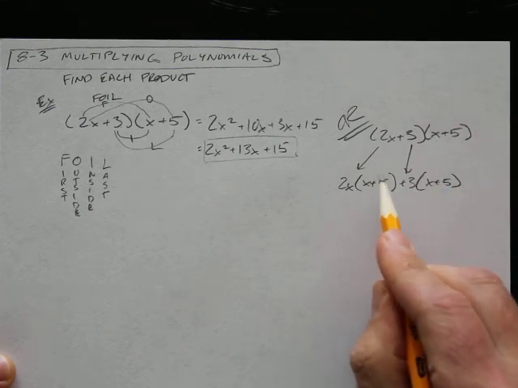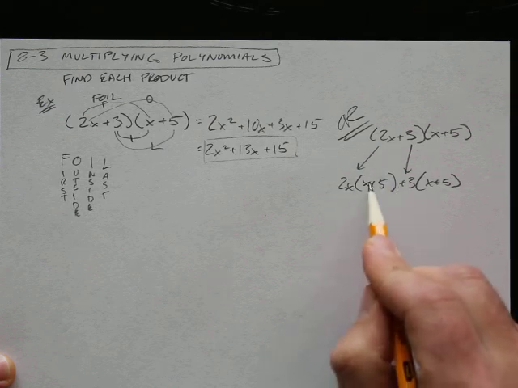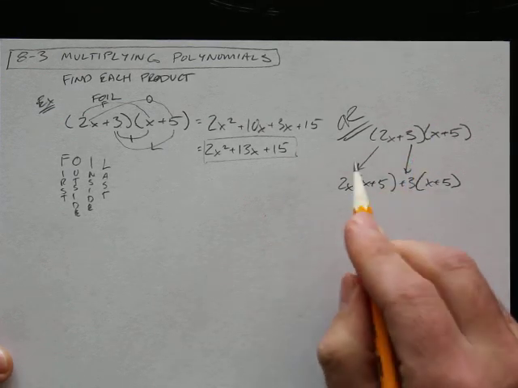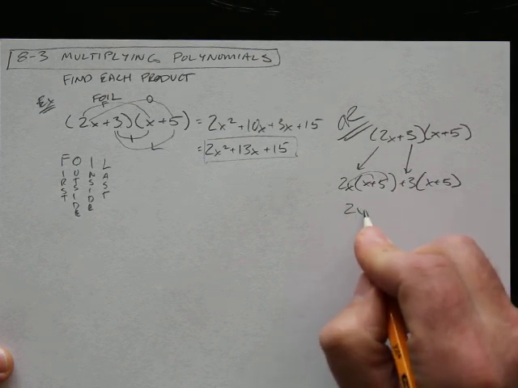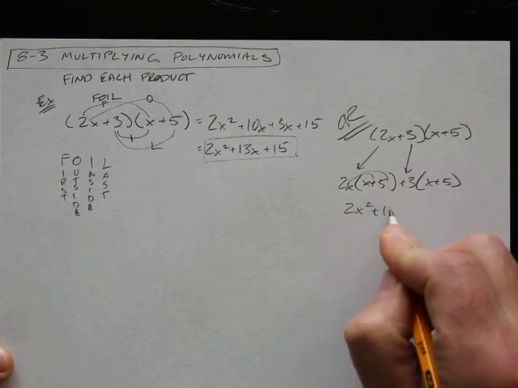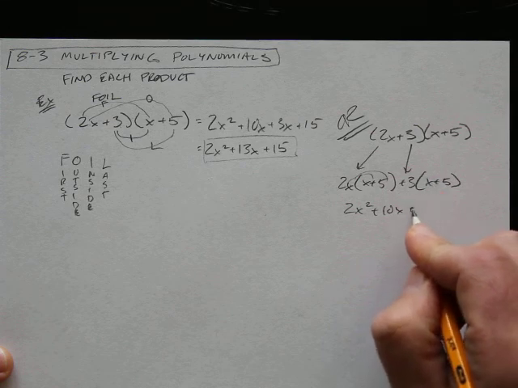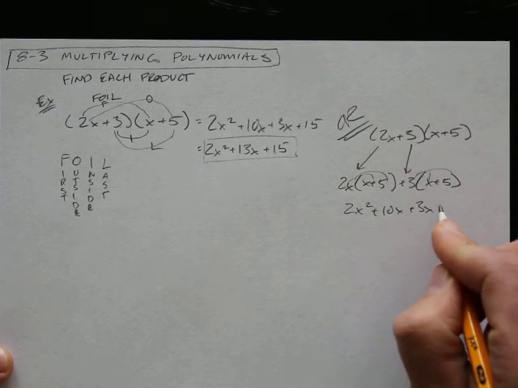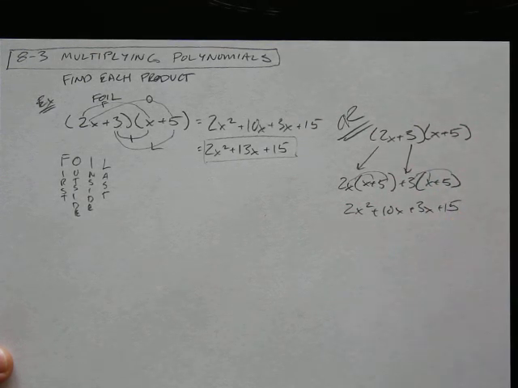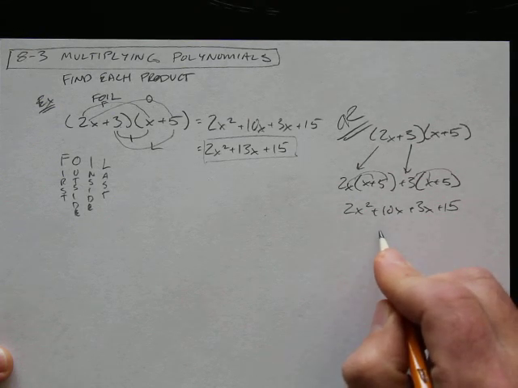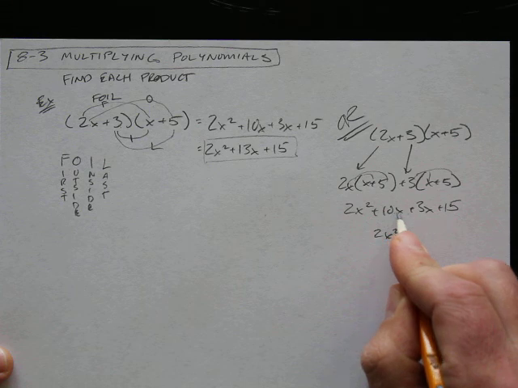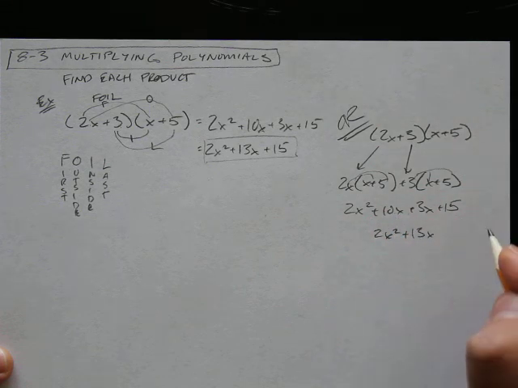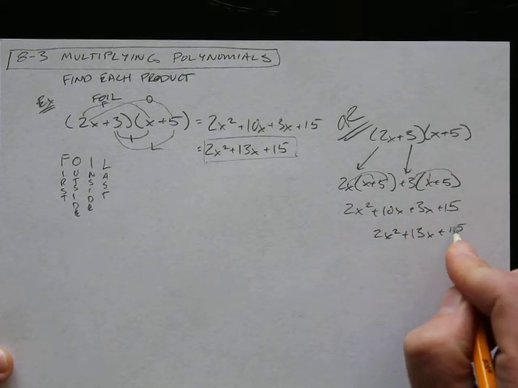So if I do this, let's see if I can get the same answer here. 2 times x, 2 times 5, so that's 2x squared plus 10x plus 3x plus 15. And so now I've got 2x squared plus 13x plus 15.